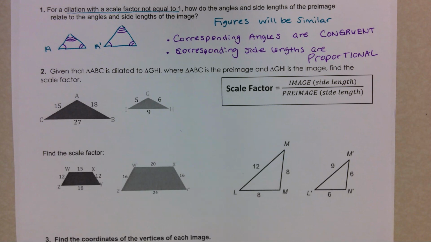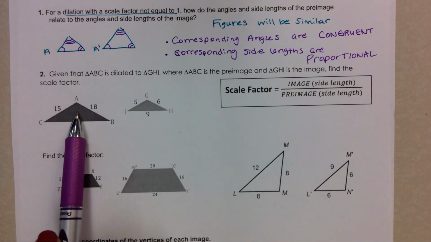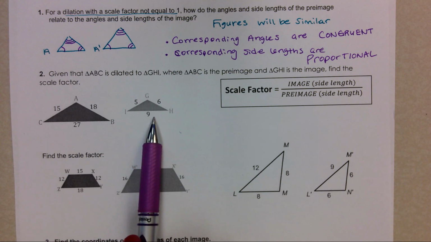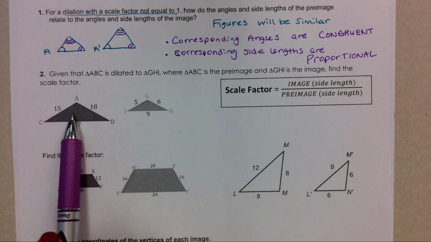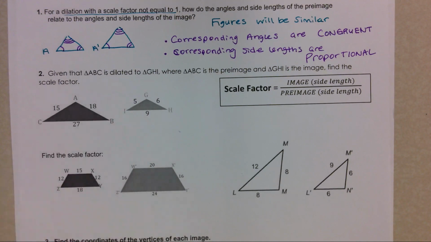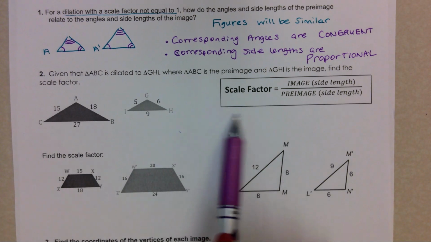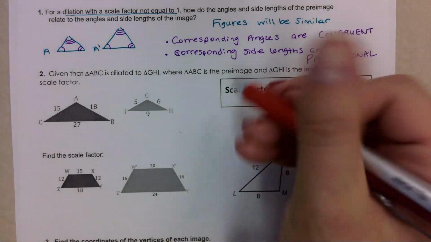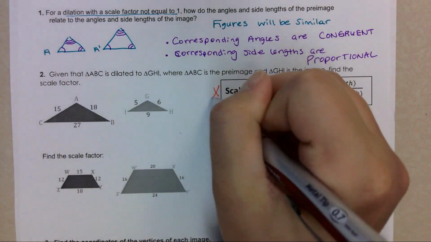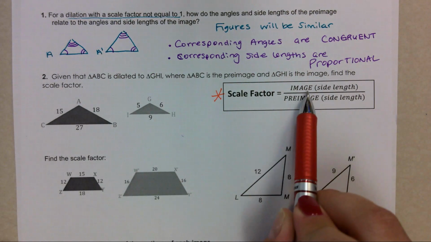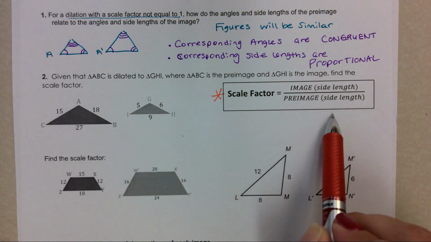Number 2 says, given that triangle ABC is dilated to triangle GHI, where triangle ABC is the pre-image and GHI is the image. So we're going from here to here. Find the scale factor. Over here I put a little key that says scale factor is the ratio of the side length from your image to the side length of your pre-image.